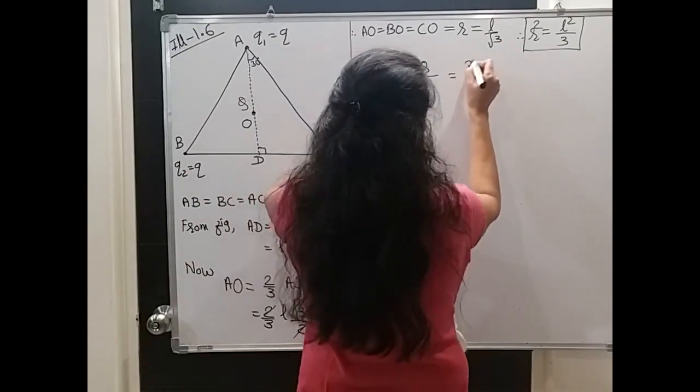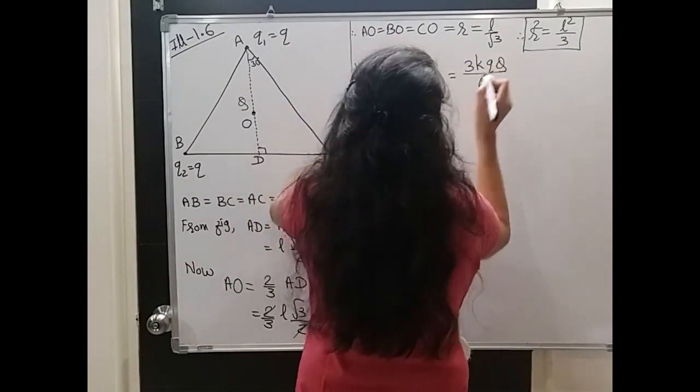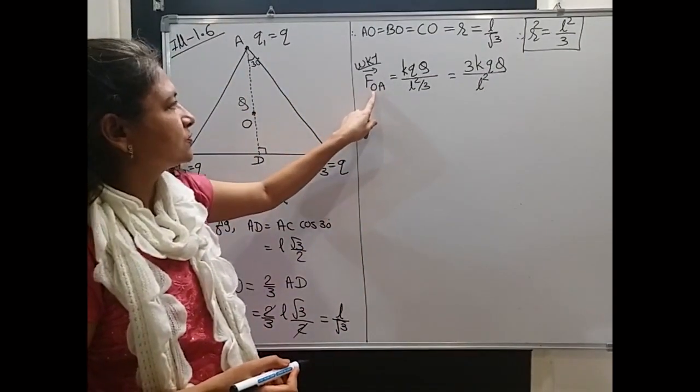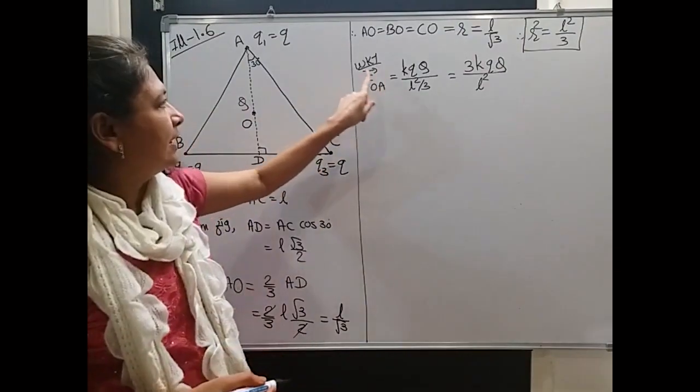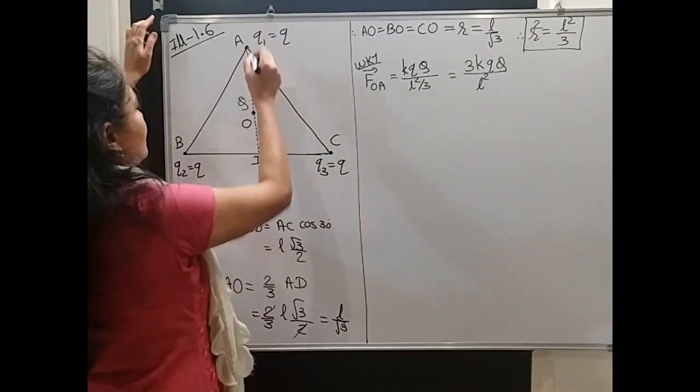So it will be 3K small q into capital Q upon L square. So this is the force on O by A. Now here I have kept the vector sign, so I have to mention the direction.